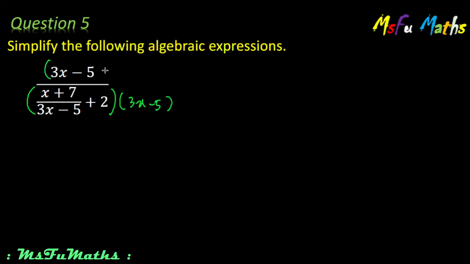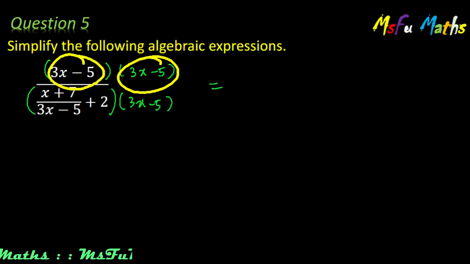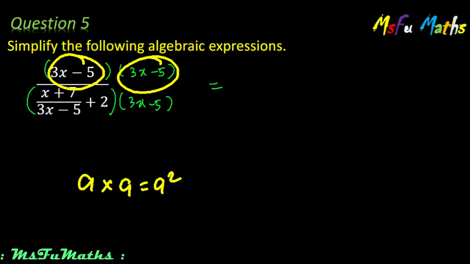We must multiply both numerator and denominator, so we multiply by 3x minus 5. Normally, if you have a times a, you get a squared, right? 3x minus 5, and here also 3x minus 5.